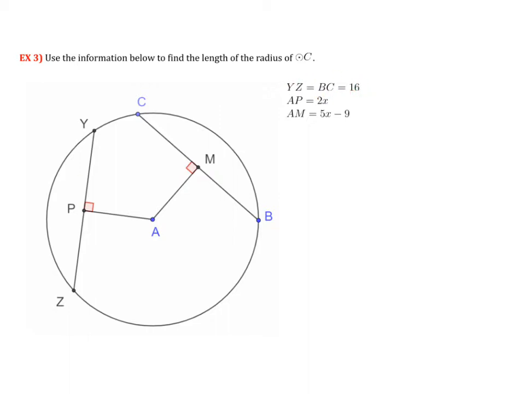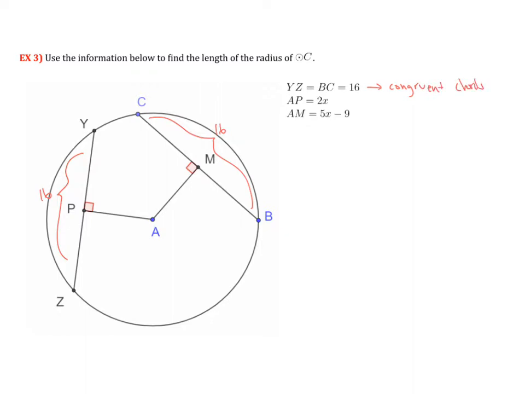So that tells me that YZ, which is a chord, and BC, which is also a chord, these two chords are congruent and they both measure 16. Okay, and I'll go ahead and mark this up here just as a reminder. These are congruent chords.